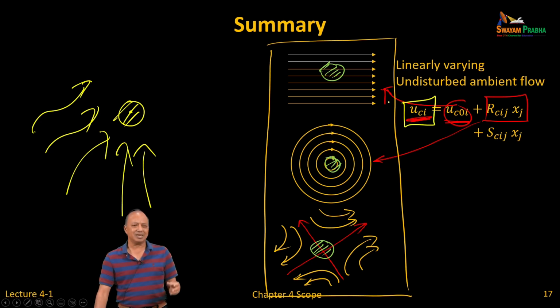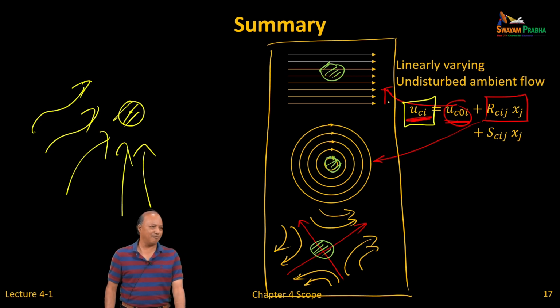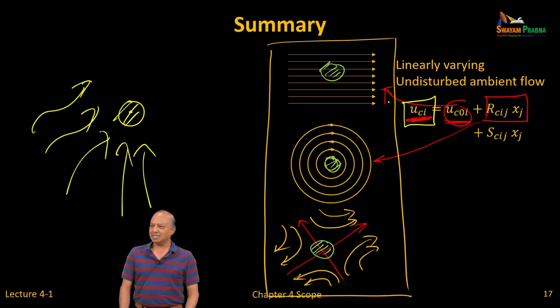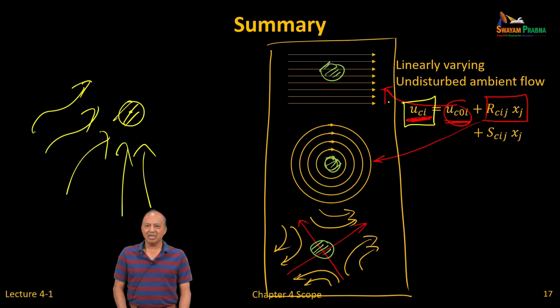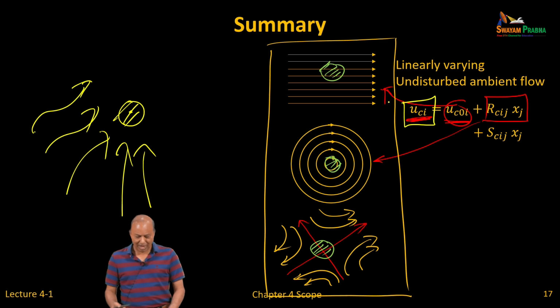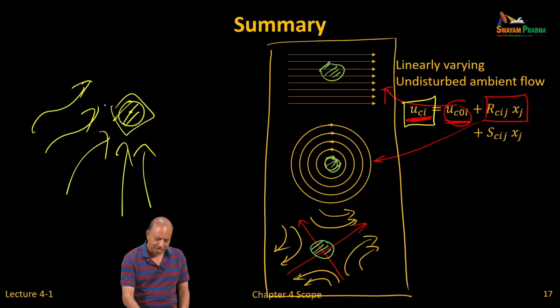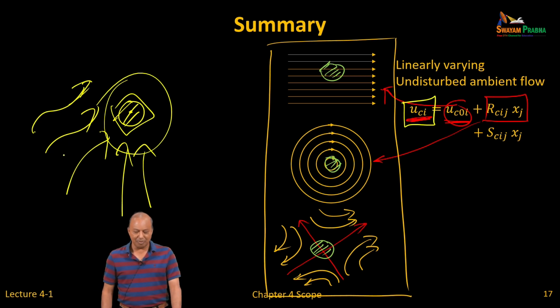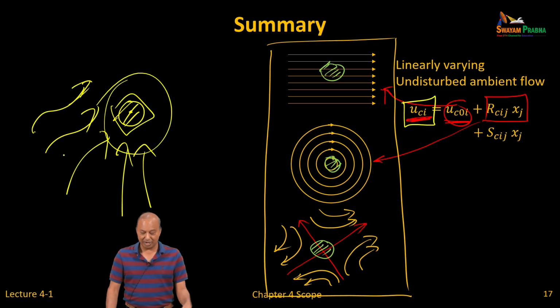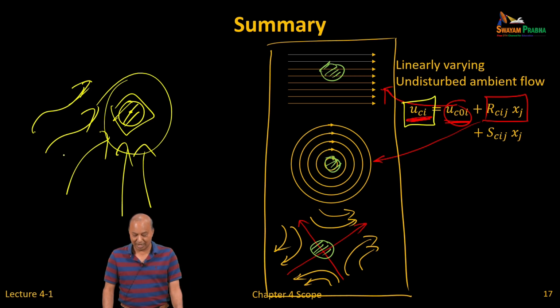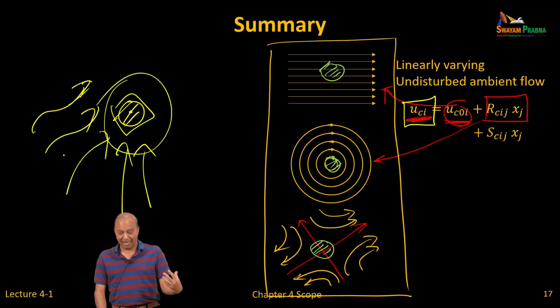You see the terminology I use for undisturbed flow; i is just an index notation. What we are asking is: I remove this particle and there is a flow coming. How does this particle behave? In other words, what does the undisturbed flow look like at the particle?